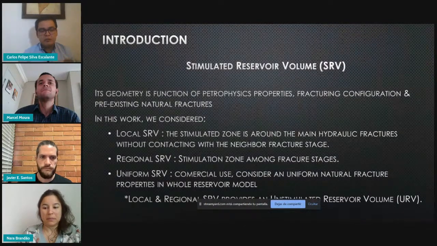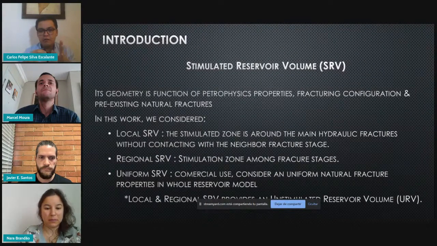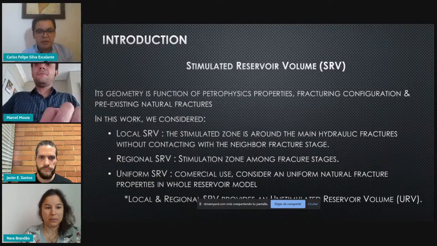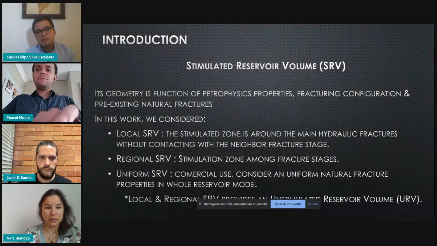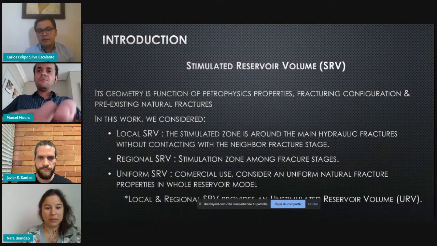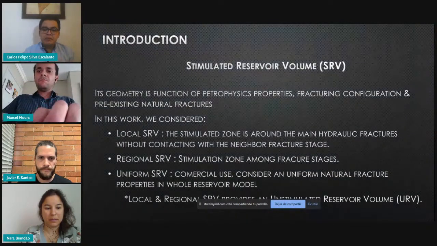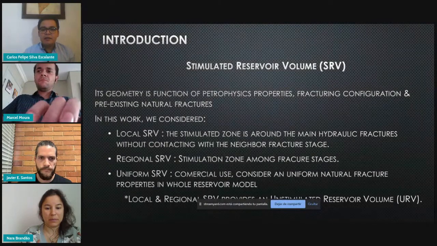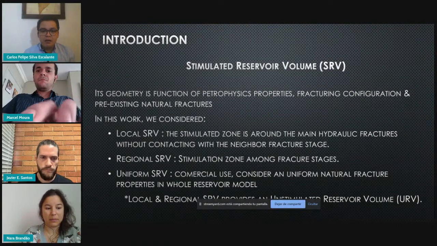The second is the regional SRV, with the stimulation zone completely among the fracture stages. And the third, uniform SRV, is the commercial use, and considers uniform natural fracture properties in the whole reservoir model, and there are several opportunity areas to consider in this case.